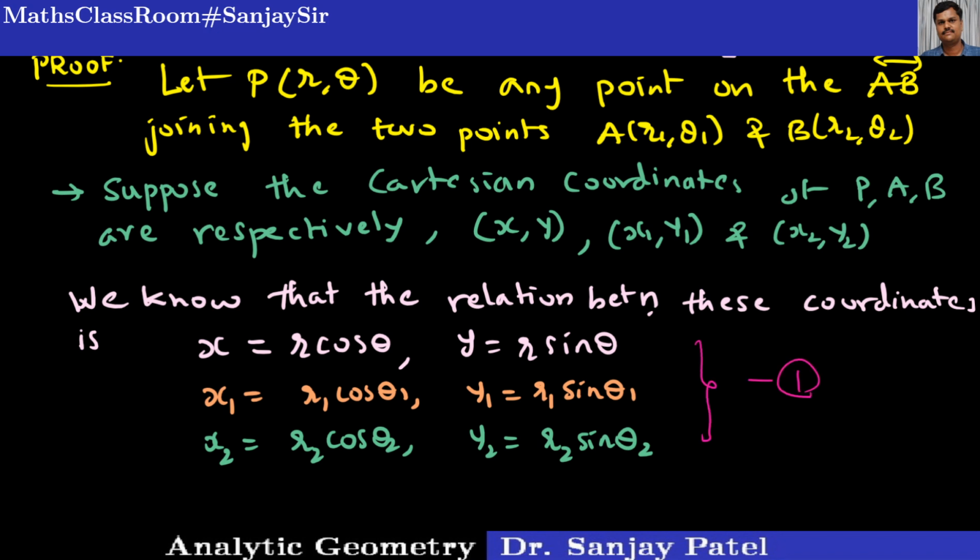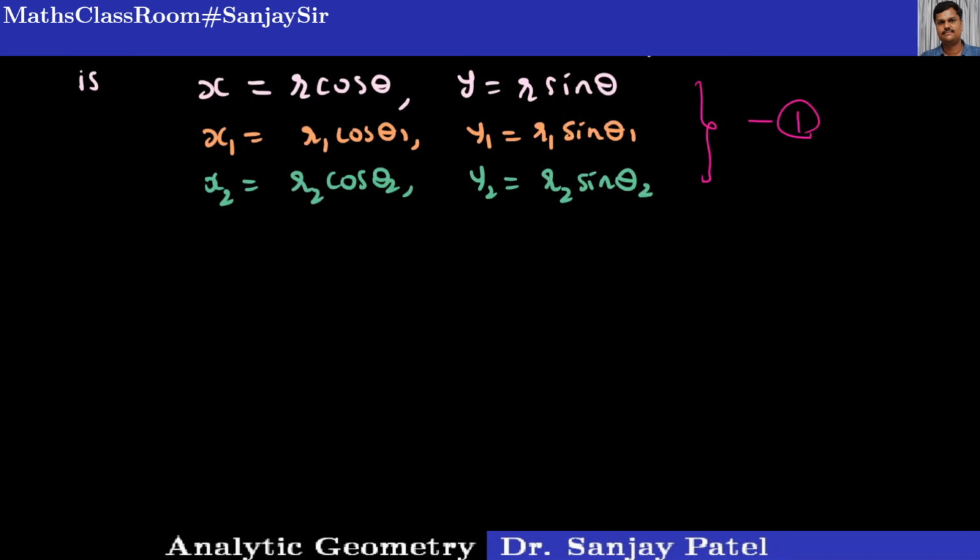Now what I am going to do next is use the known result from your higher secondary about the Cartesian equation of a straight line.